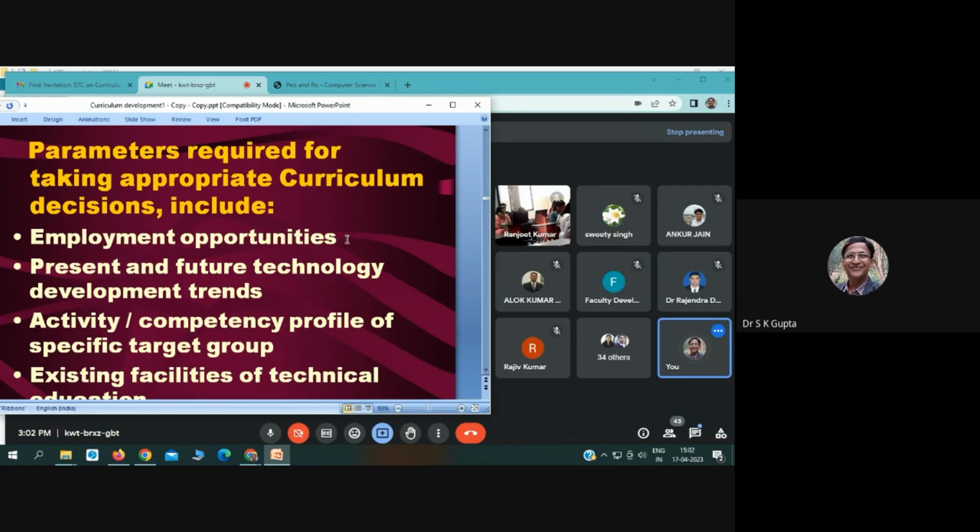So one state thought that because they have deserts, we should start a program on desert technology. And to design that program, that project was given to our NITTTR, Chandigarh. At that time, it was called TTI, Technical Teacher Training Institute.